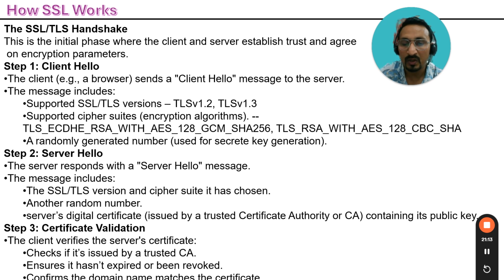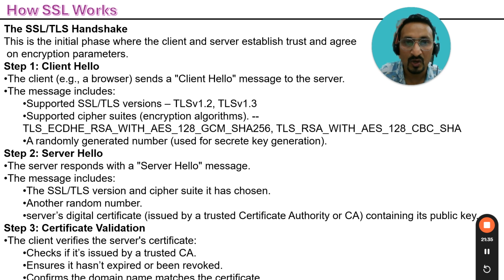The server will also generate a random number, which again is used for secret key generation. So now the client will receive three pieces of information: the TLS protocol version selected by the server, a random number, and the cipher suite selected by the server.